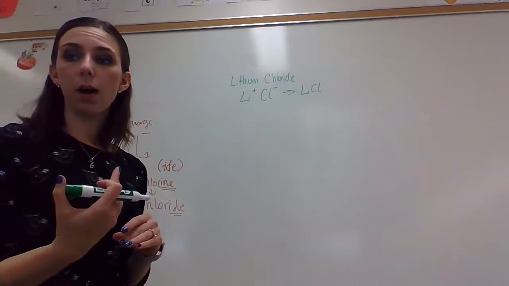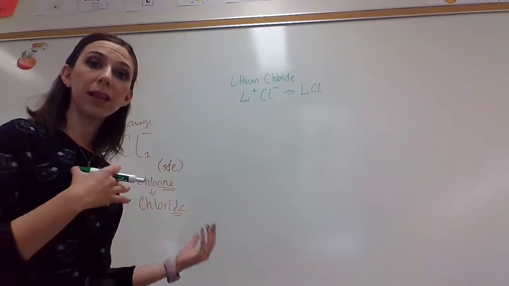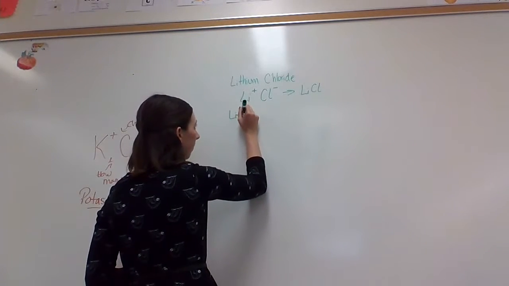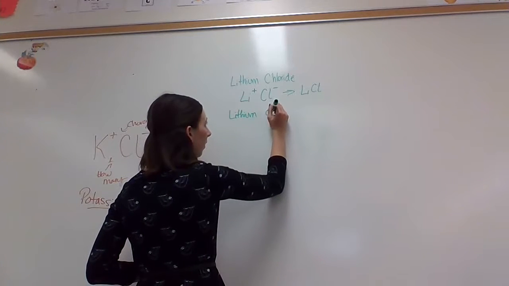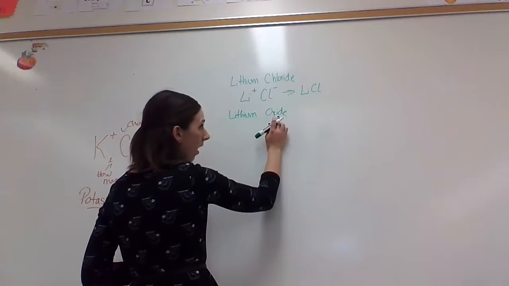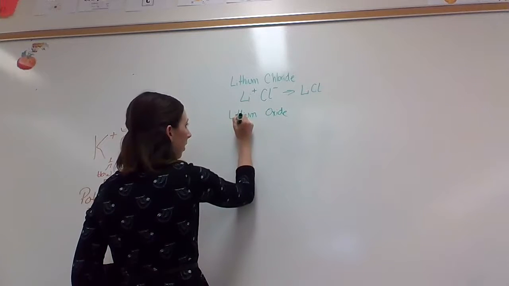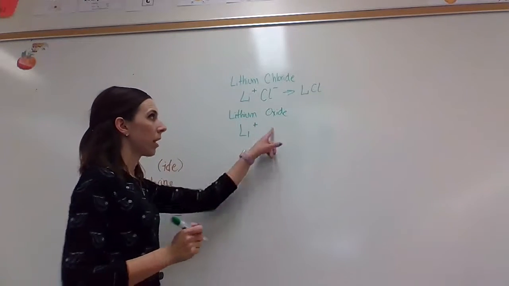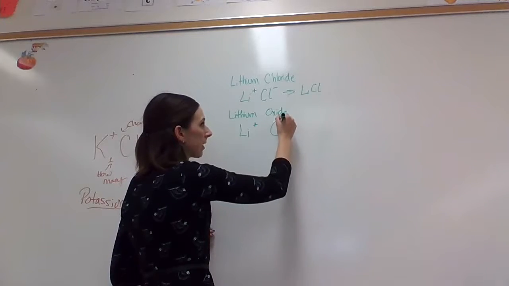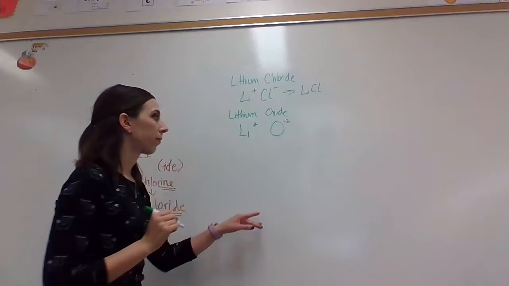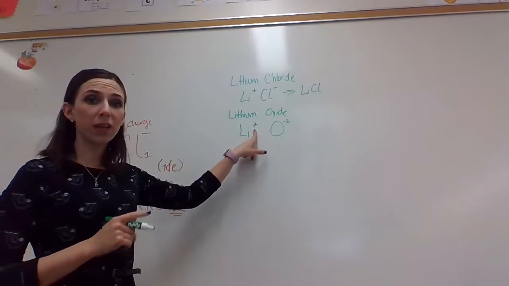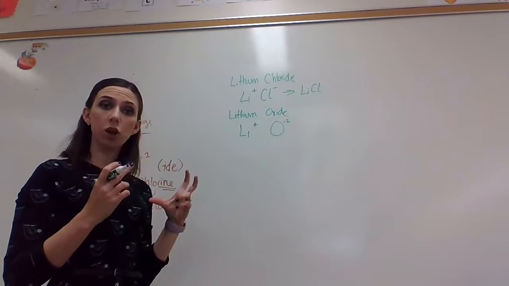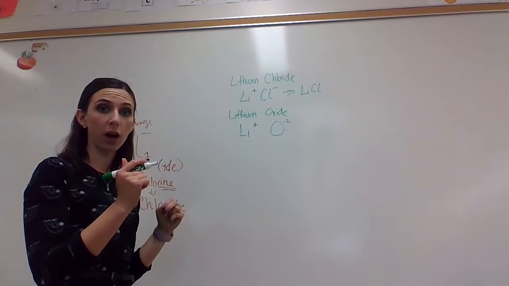But for a different one, you could do lithium oxide. So you're going to have lithium and oxygen is the oxide. So lithium is Li again with the +1, and your oxygen is going to be -2. So right now you only have a +1 and a -2. So the charge on this would be a -1 charge.